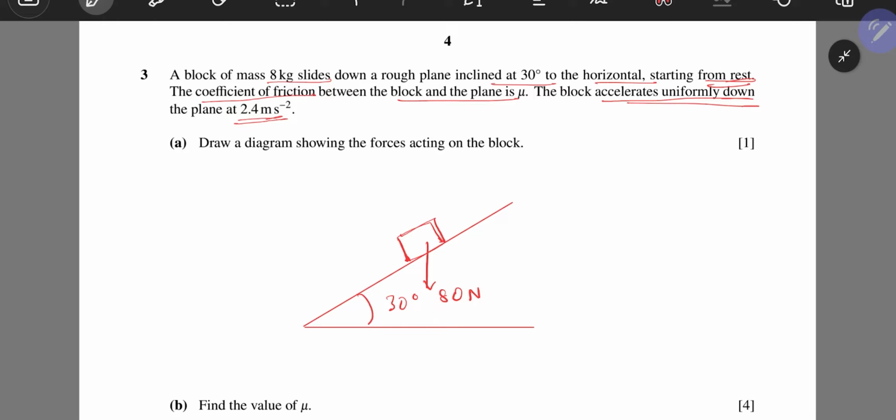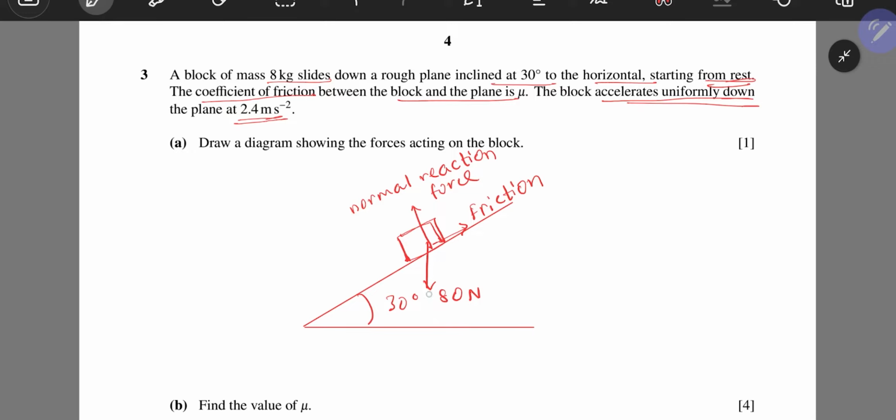And then there's friction, since I don't know the value yet and they haven't stated the value either. And of course the normal reaction force.